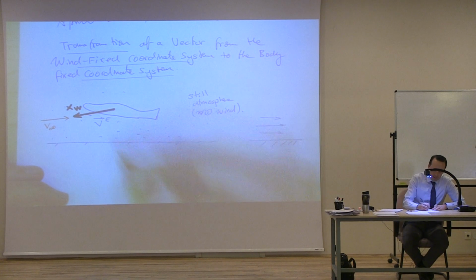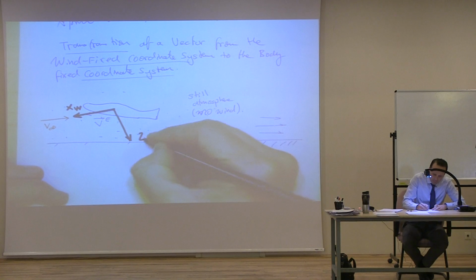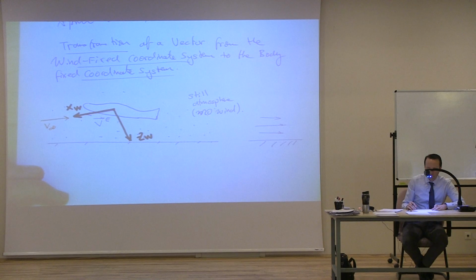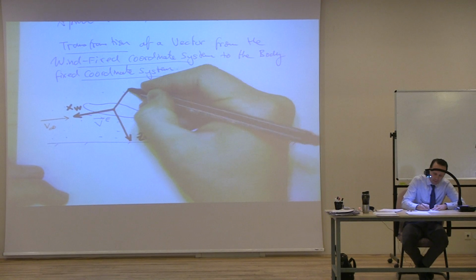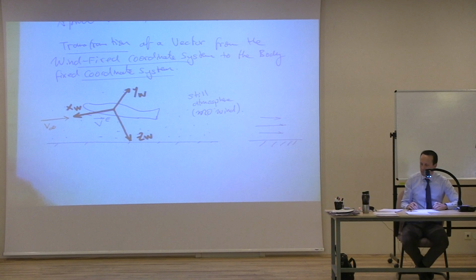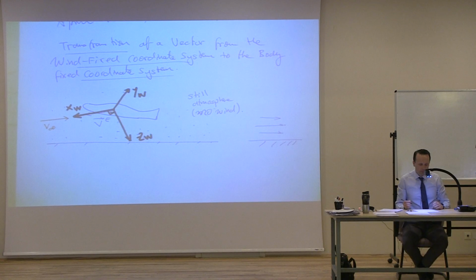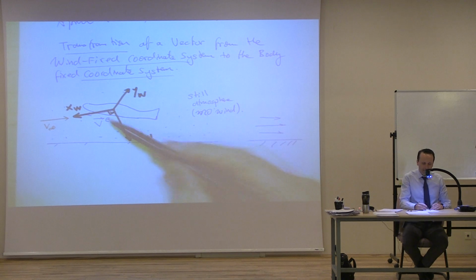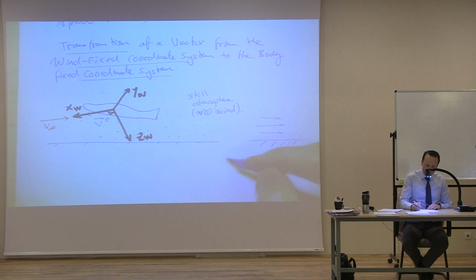Zw would be in the symmetry plane of the aircraft, and it would be 90 degrees. And Yw would be such that it forms a right-handed coordinate system. This is how I established the wind fixed coordinate system. First, xw points towards V infinity. Zw is 90 degrees, but is in the symmetry plane of the airplane, which I think we mentioned before.